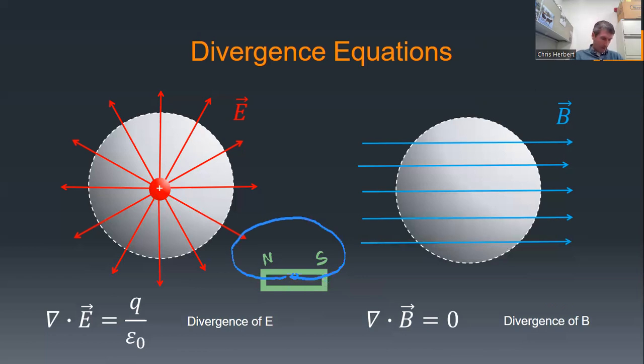So here's what the magnetic field might look like. I'm doing a really bad job of this, but again, we don't normally see these magnetic field lines, but they do loop back on themselves.